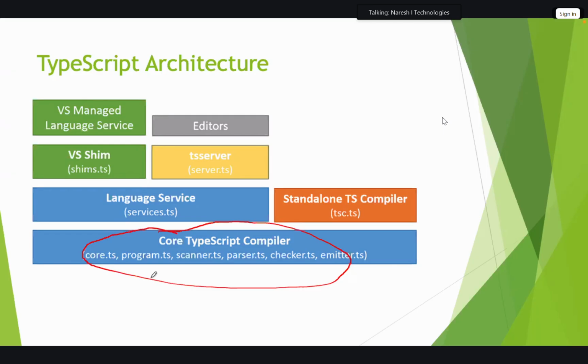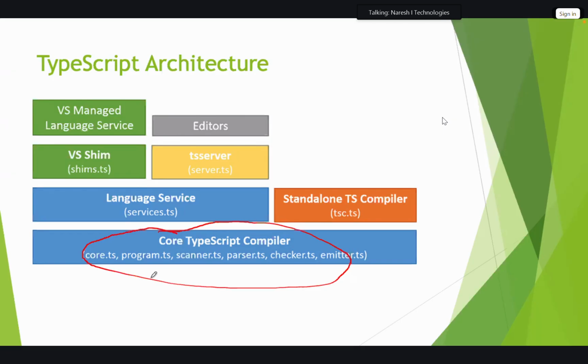Core.ts is responsible for loading all the basic libraries required for your program. That means initializing your program and loading the files required for it. These are all done by using core.ts. So inside the core compiler, all these concepts are available. TypeScript has a core compiler.